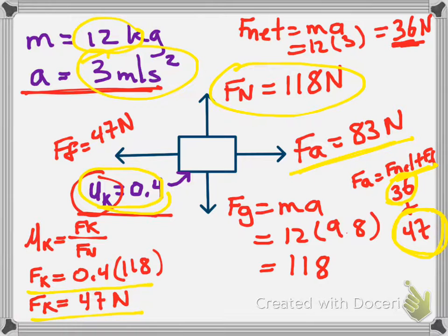It's the sum of those, and that's why we came to 83. So there should be a difference between those numbers because there is an acceleration rate. For the normal force and the gravitational force, there's no indication that it is moving up and down, so we can assume that the normal force and the gravitational force should be the same.